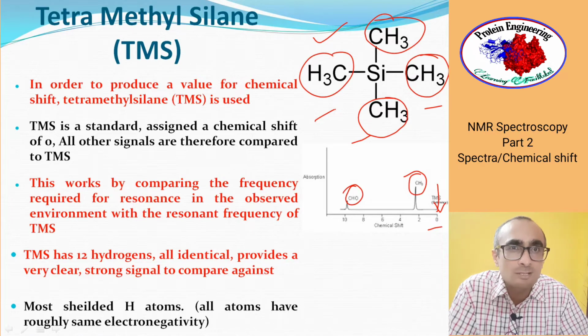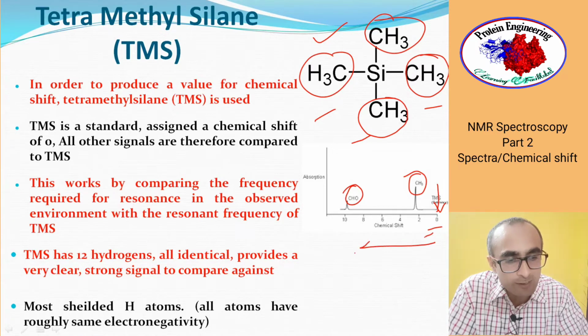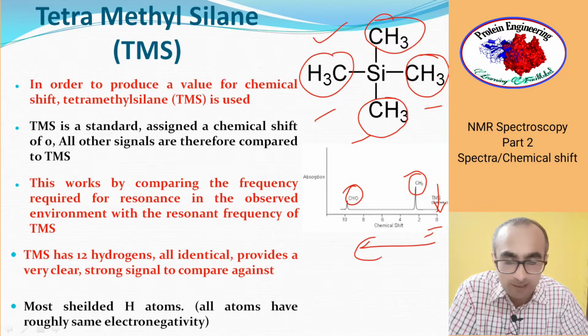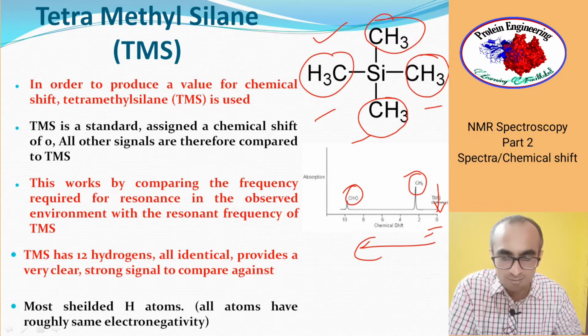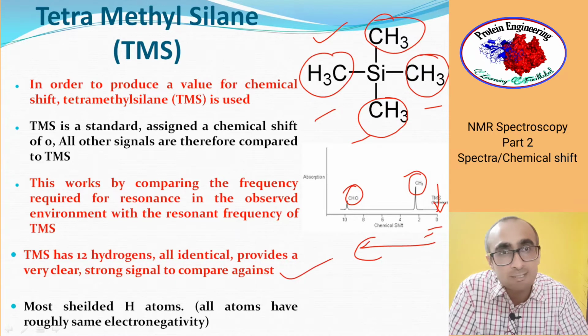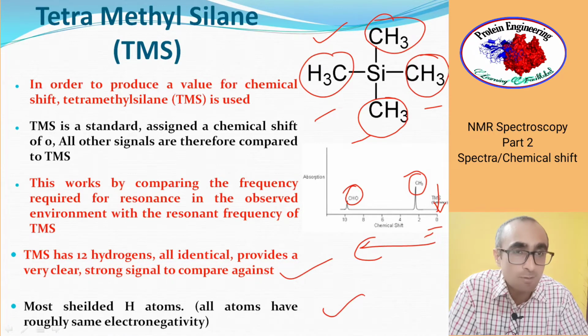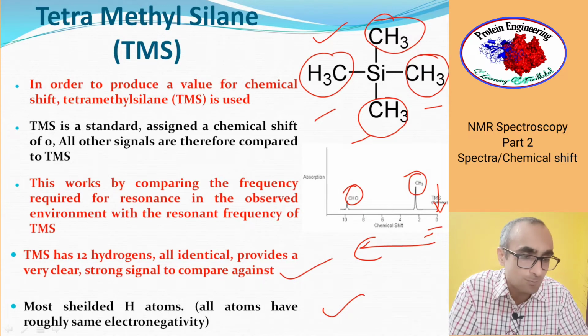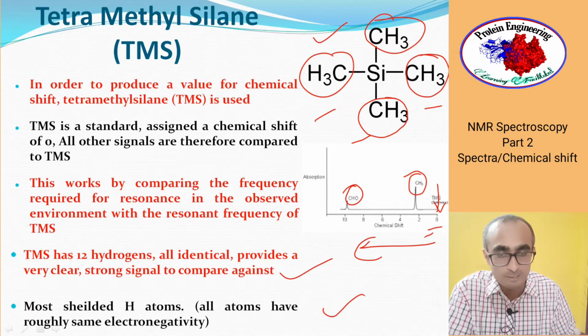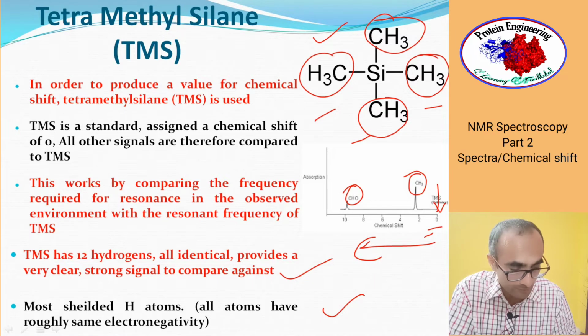The peak would come most upfield, and that is calibrated, kept at 0 ppm, and all other peaks are with respect to this TMS compound. So these 12 hydrogens in TMS are all identical. They provide a very clear, strong signal to compare against, and are the most shielded hydrogen atoms. So you need the least energy to resonate all these protons, and that's how it's kept at 0 ppm. So other peaks can be compared and placed, and the chemical shift spectrum is generated.